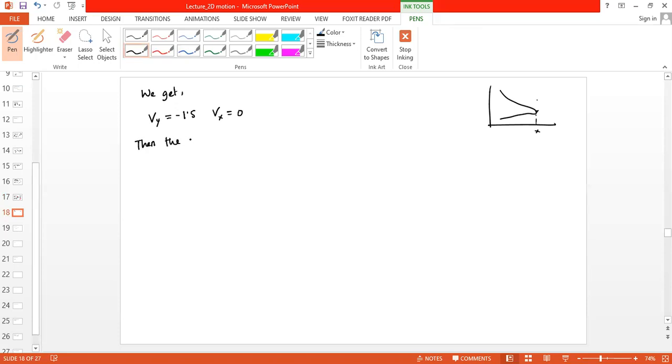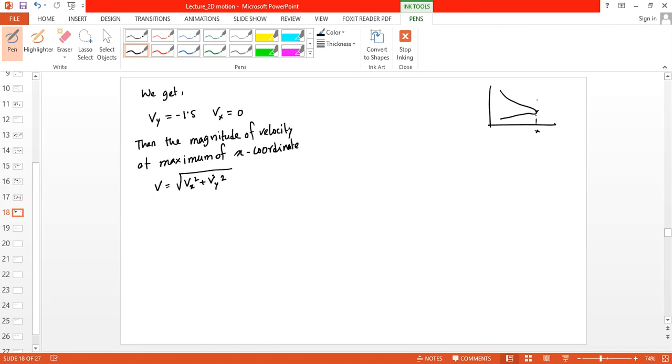The magnitude of velocity at maximum of x coordinate is v equal to square root of vx square plus vy square.